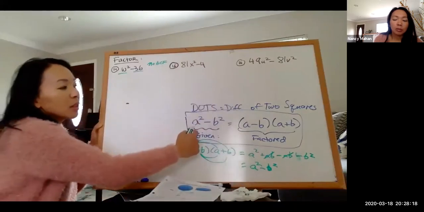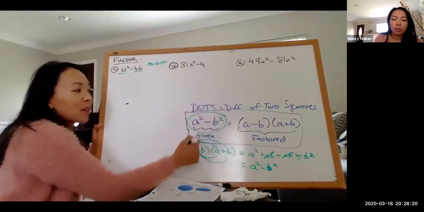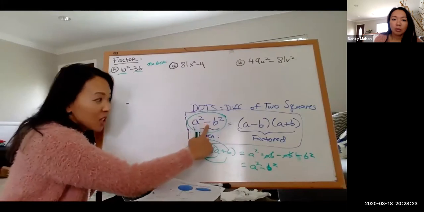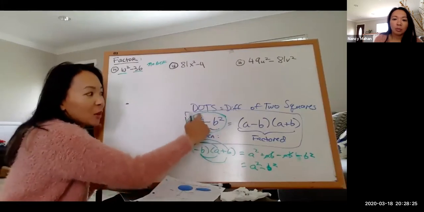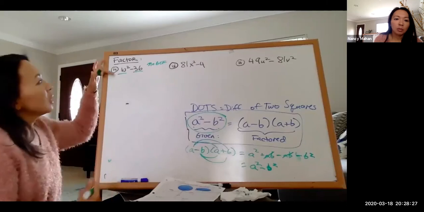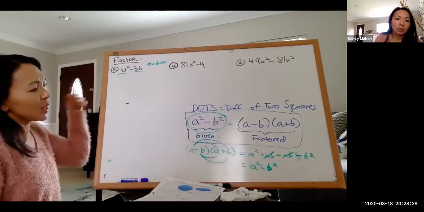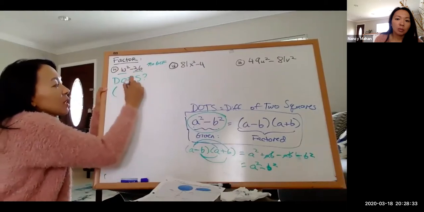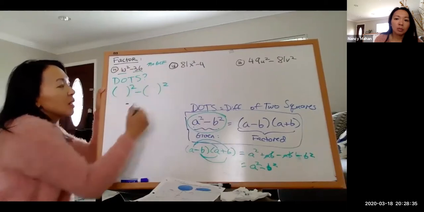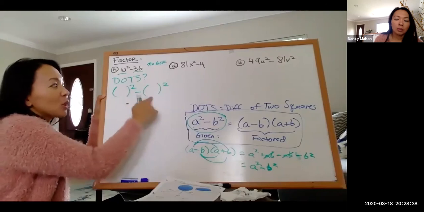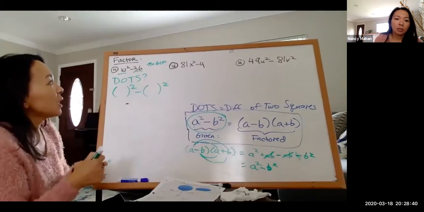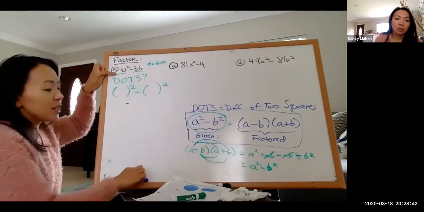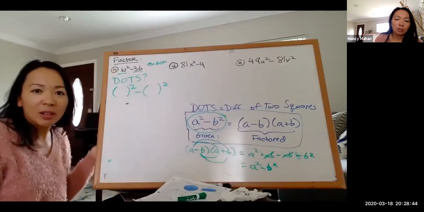So a DOTS is something that's in the form of this. It's the difference, meaning subtraction, of two squared things. And notice it's squared and squared. So when I look at this, I ask myself, is this the difference of two things that are squared? Here, when I look at W squared, is this term the square of something?